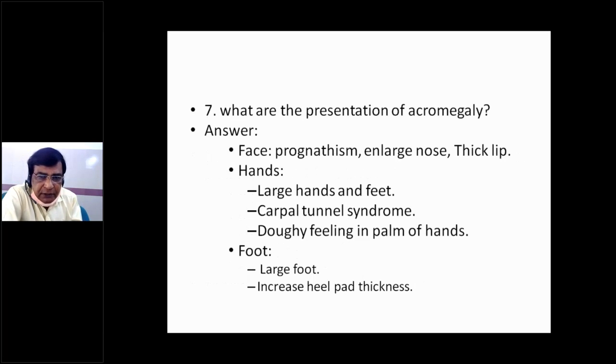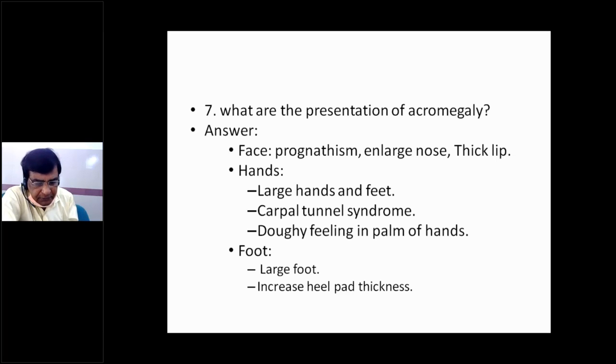Our next question is, what are the presentations of acromegaly? The facial presentation is prognathism, that is protrusion of the lower jaw, enlarged nose, and thick lips. These are the facial changes. In the hands, there will be large hands and carpal tunnel syndrome.